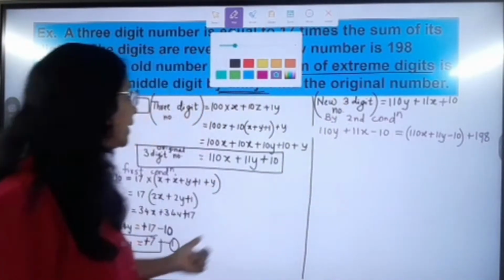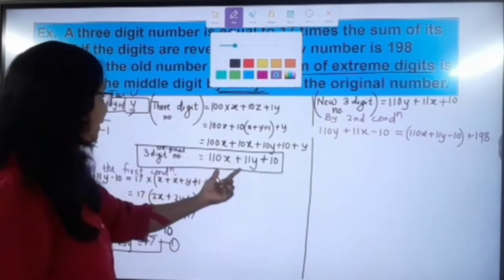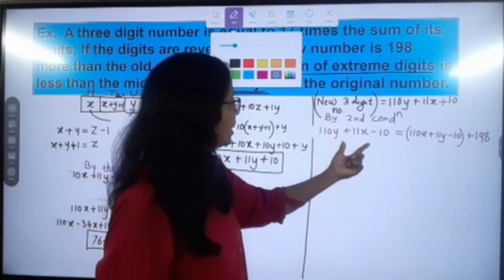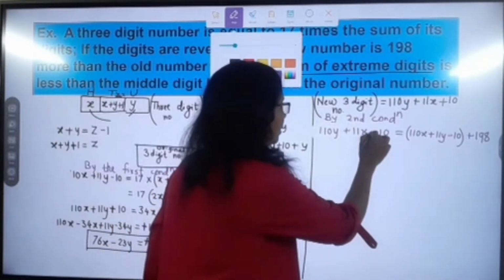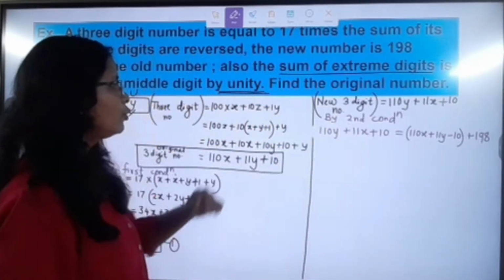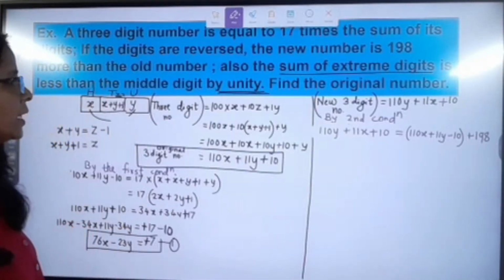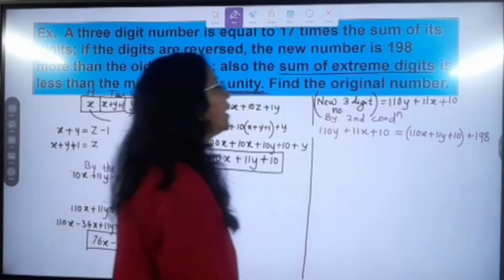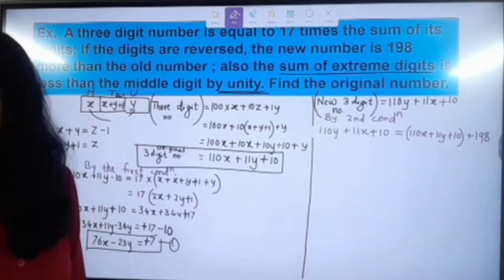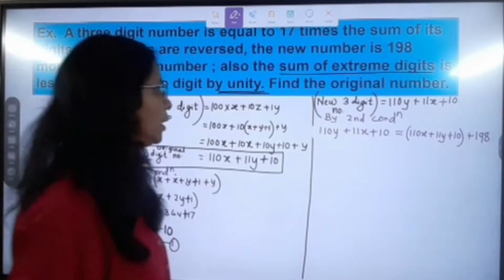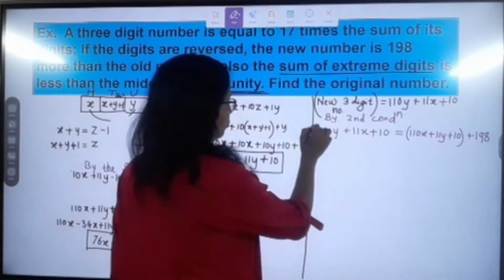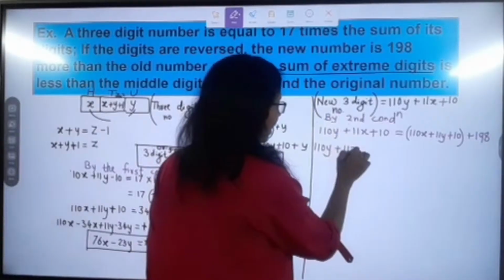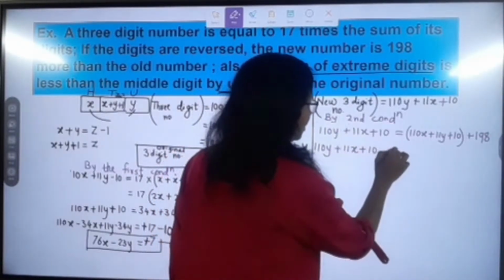Here the original number is 110x plus 11y plus 10, and the new number is 110y plus 11x plus 10, and it is equal to 110x plus 11y plus 10 plus 198. Yes, students. So now here this is the correct equation. Now we try to solve. So 110y plus 11x plus 10 is equal to 110x plus 11y plus 10 plus 198.